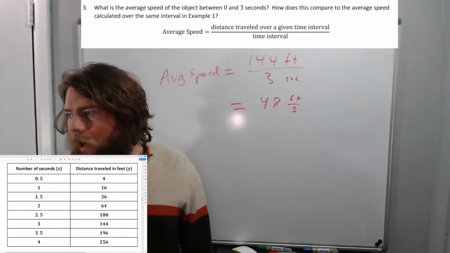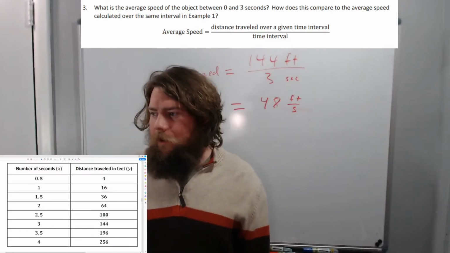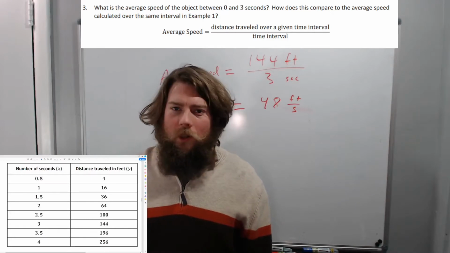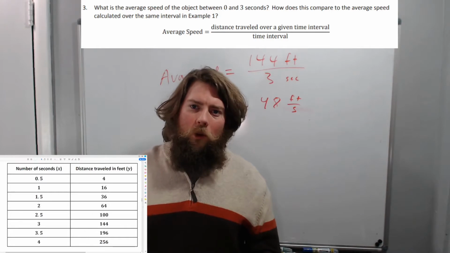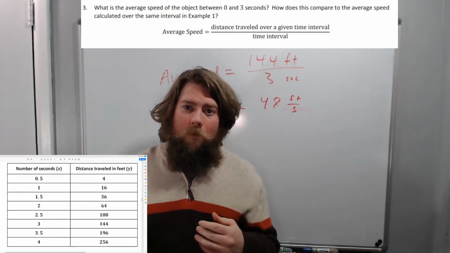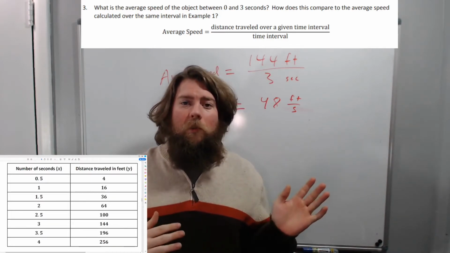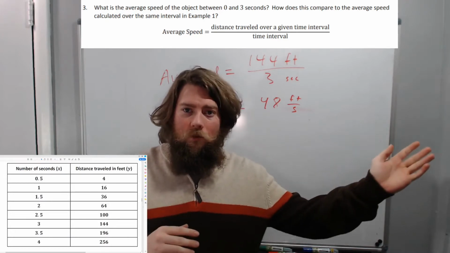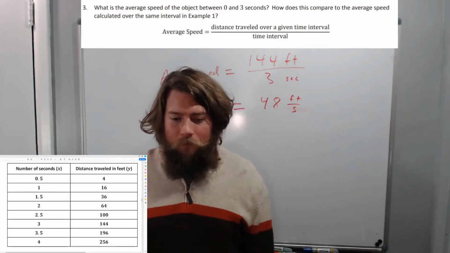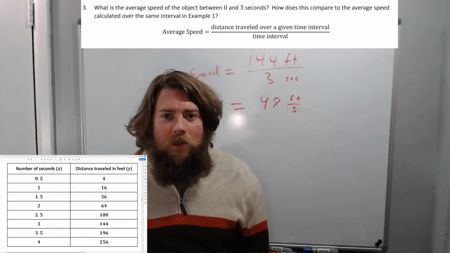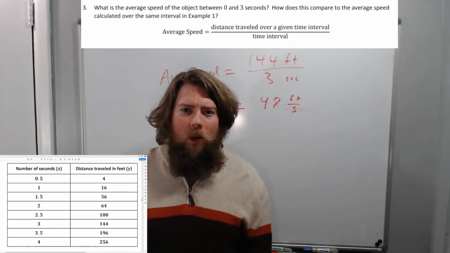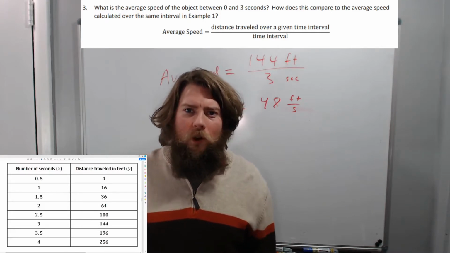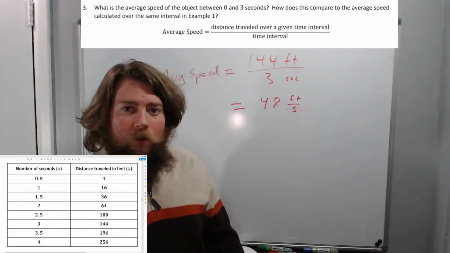Now it asks, how does this compare to the average speed calculated over the same interval in example 1? Well, remember, example 1 was where we were assuming linearity, or constant speed, constant rate, okay? In that case, our function was y equals 64x, and so our rate or our speed was 64 feet per second.